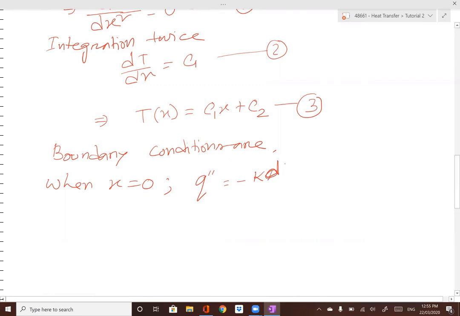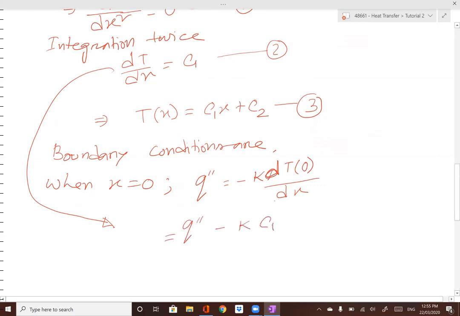Now from equation 2, if we use it with this boundary condition, heat flux will be equal to minus k C1.